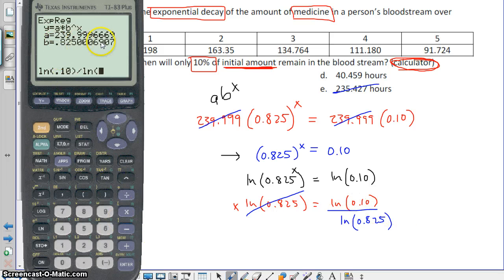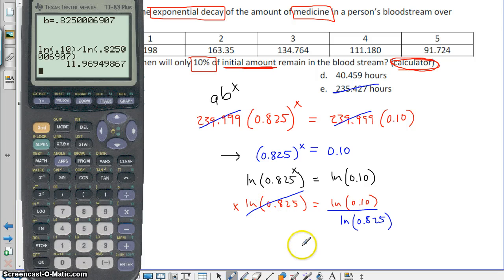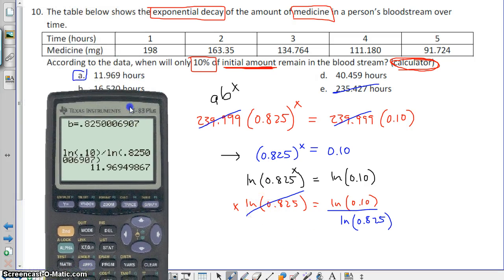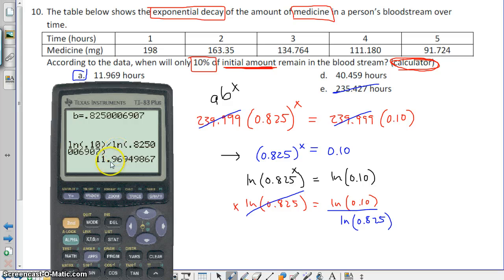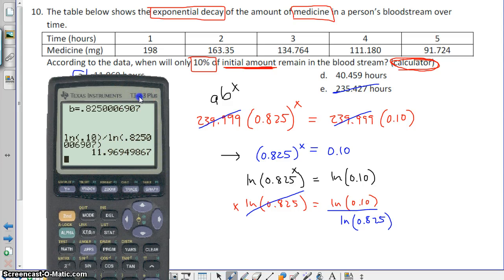One, I'm going to plug in as many of those decimals as I can, 0.825006907, just to keep as much accuracy as possible. 11.969. So I was able to keep a lot of that accuracy there.